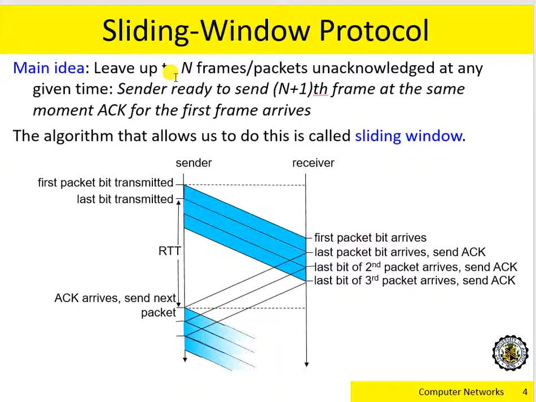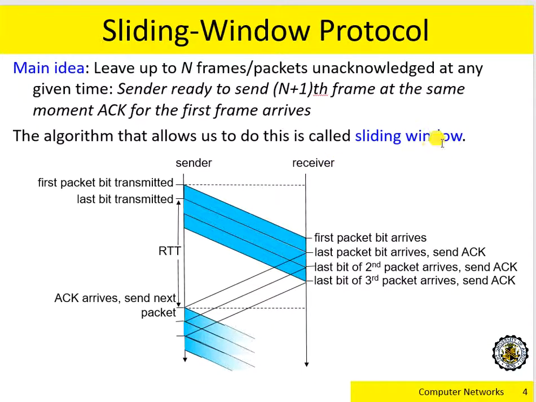So here is the idea in more detail. For example, if I am allowed to send 3 frames before receiving the first ACK, this 3 is called the sliding window. Sliding window means the number of frames you can send before receiving the first ACK.